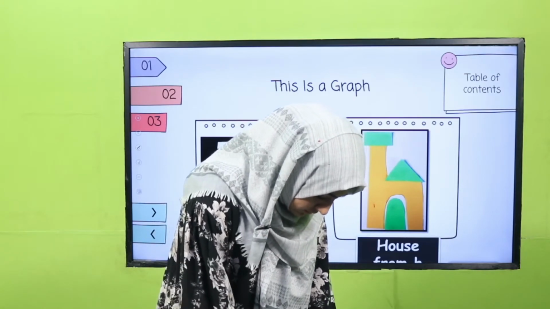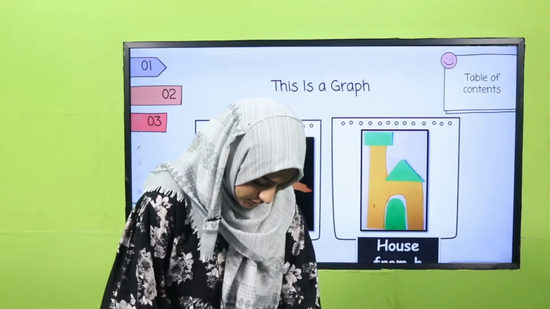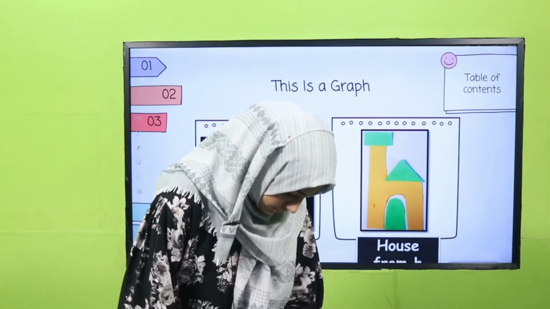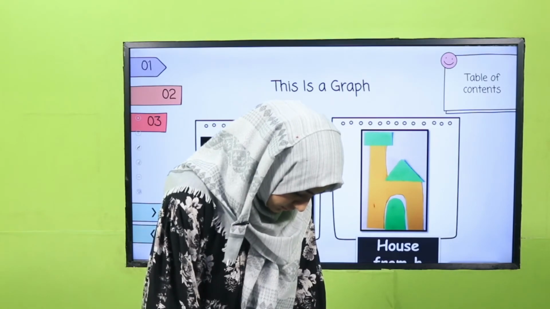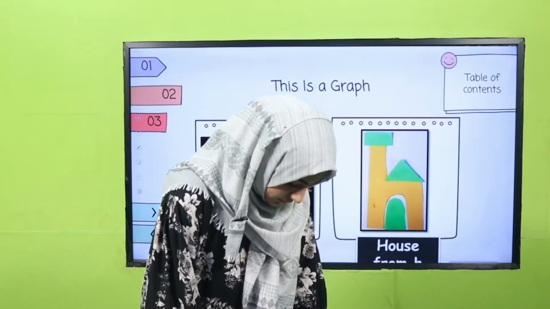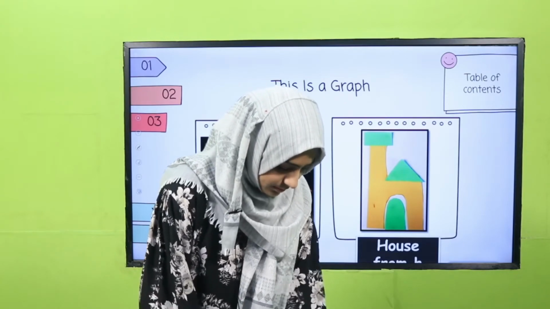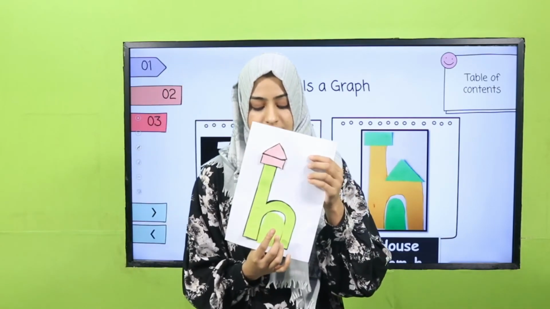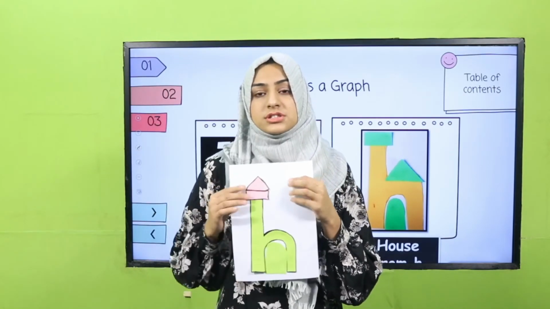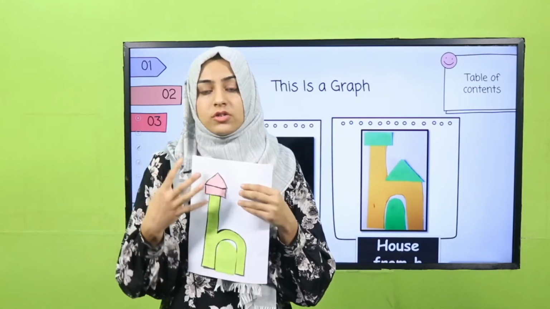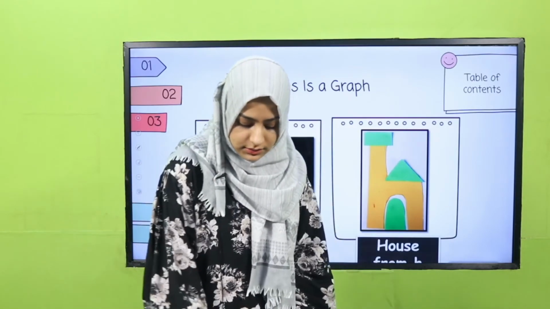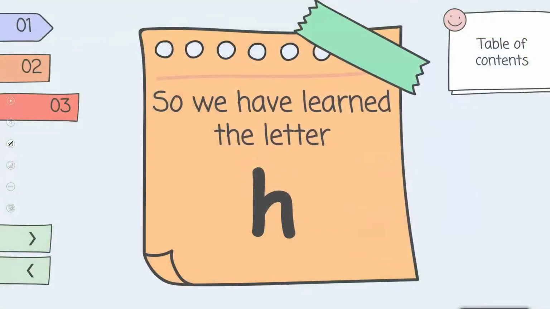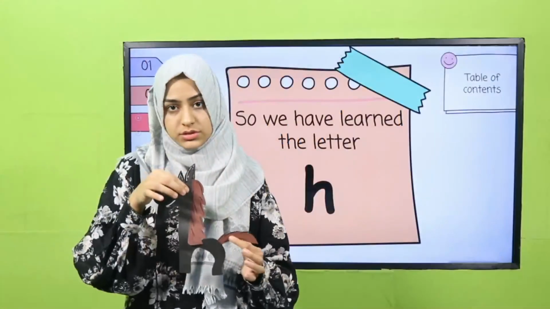So it's done, and along with this I'm also going to paste the gate here. It doesn't matter if the shape is irregular, you just need to cut out the cutout of H and make a house out of it. You can also make a lot of things other than these activities. So we are done with the horse H and with the house.